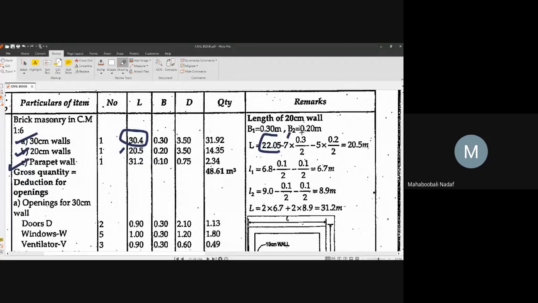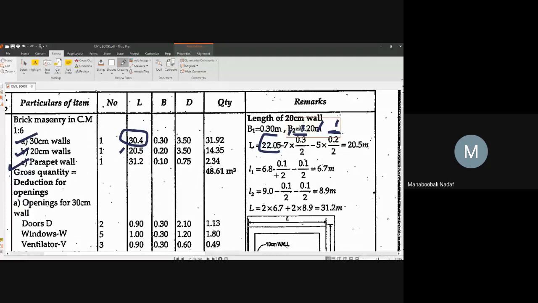N1 into B1 by 2 minus N2 into B2 by 2. Here B1, B2 will come. Why? Because there are two types of brick wall. One is 0.3 wall, another is 0.2 wall. So now N1 is 7, which is there for 20 meeting 30. N2 is 5, which is there for 20 meeting 20.